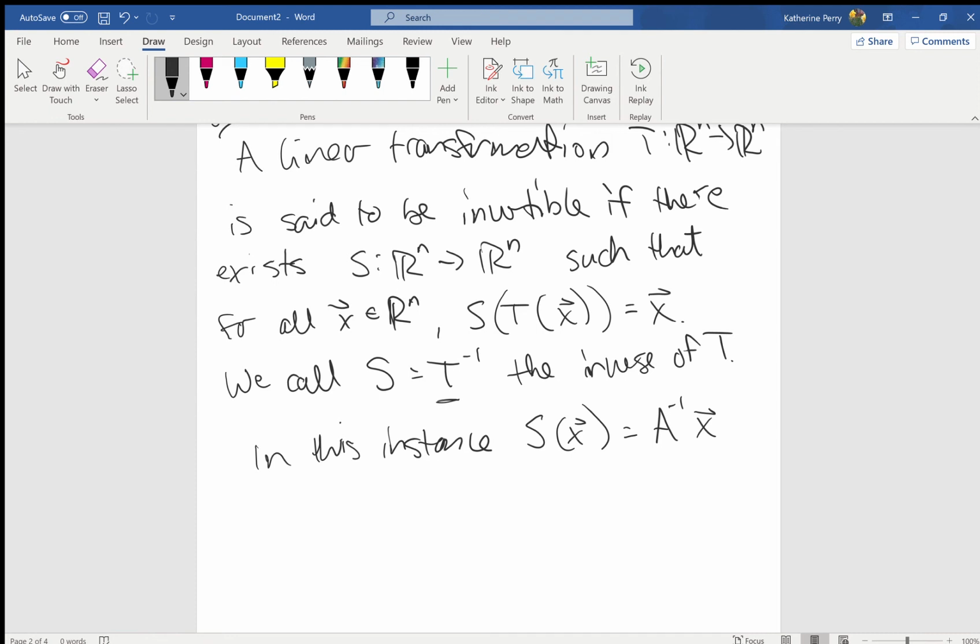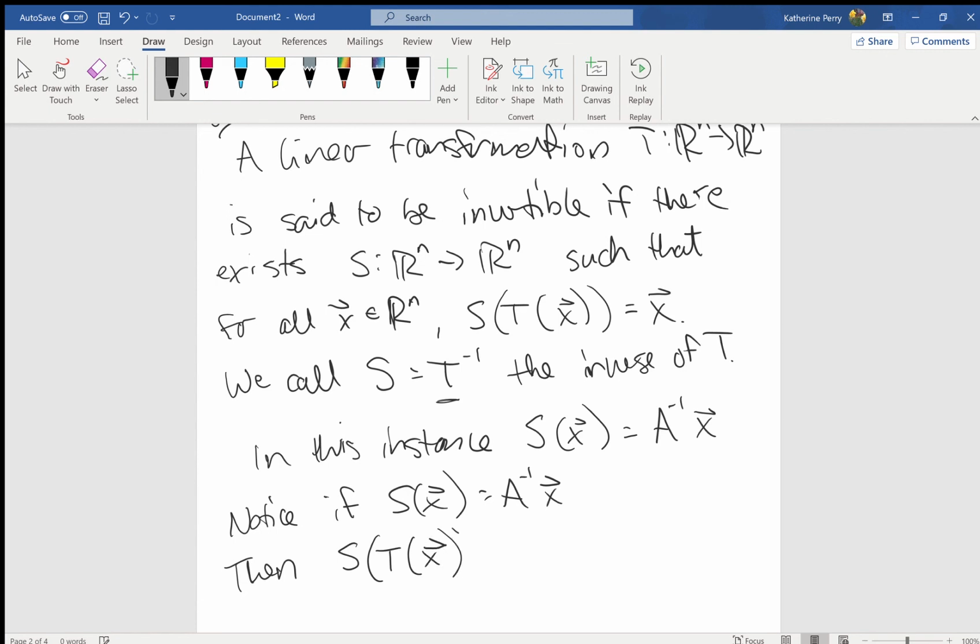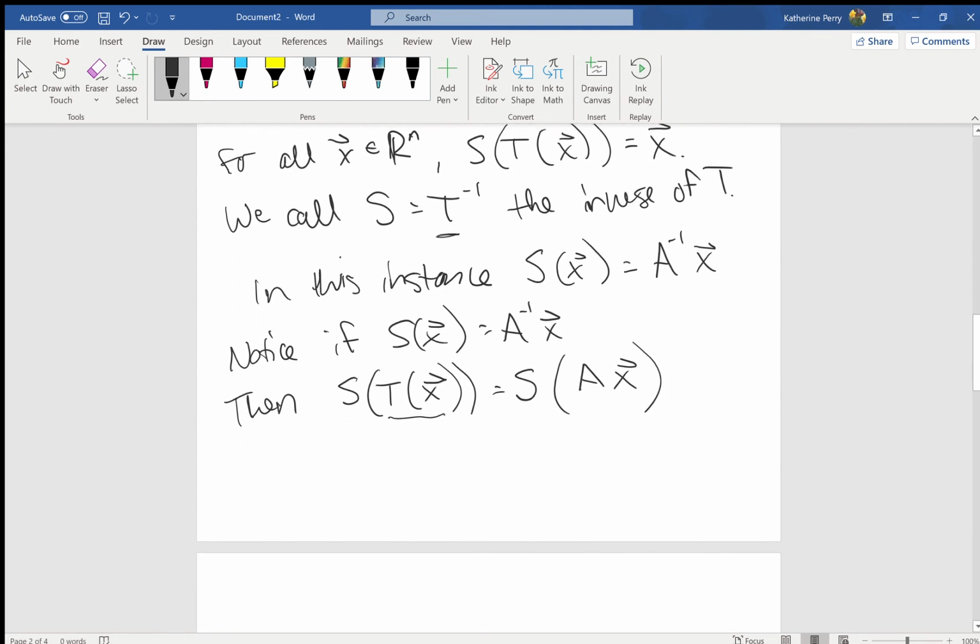And so notice here, if that's true, if S of x does equal A inverse times x, then S of T of x is equal to S, and we know that T of x can be defined by this matrix multiplication, A times x.